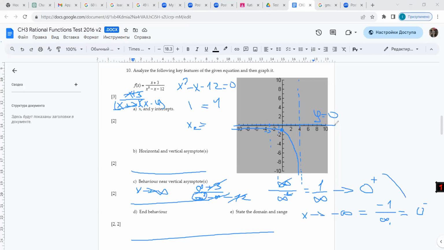Then on the right hand side, as x travels to positive infinity, graph supposed to look like this. Okay, I believe this is going to be your graph for this function. And here at -3, you're going to have a dot discontinuity. Please double check it. Okay, great.